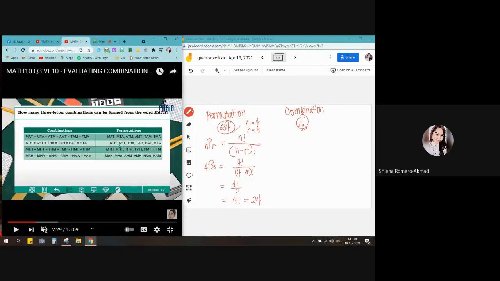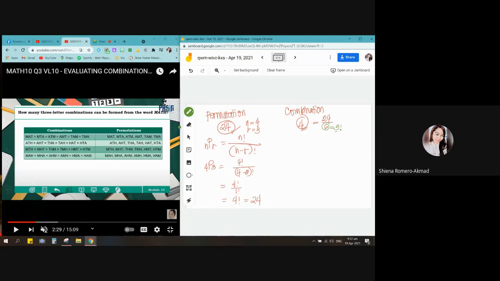And bakit nga siya divided by 6? Remember that here in combinations, yung anim, 1, 2, 3, 4, 5, 6, yung anim na combination na yun ay isa lang sa kanya. So, for you to eliminate those arrangements na nauulit when it comes to combination, all you have to do is to divide 24 by 6. And saan ba nanggaling yung 6 na yan? Yung 6 na yan, that is also equal to 3 factorial.